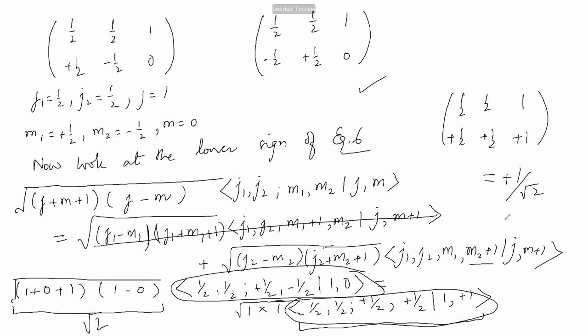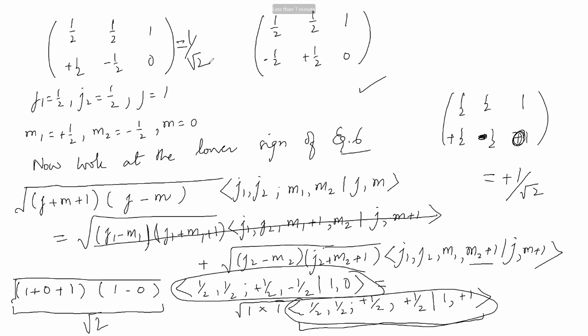If you recall, I wrote this as 1 by root 2 in the class, and I had told you that we would get it by using the formalism. This will come out to be 1 by root 2.